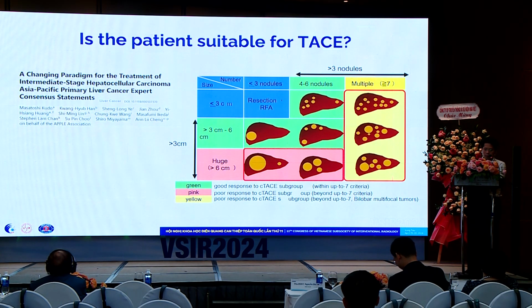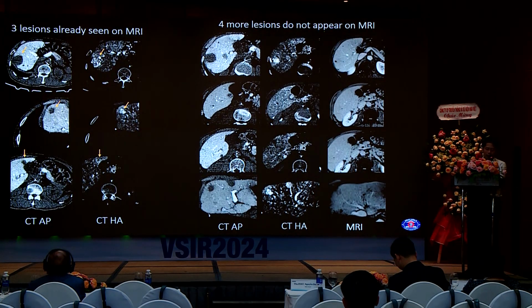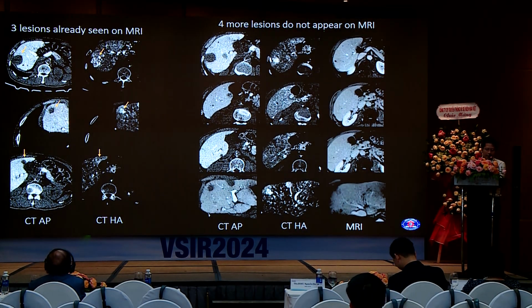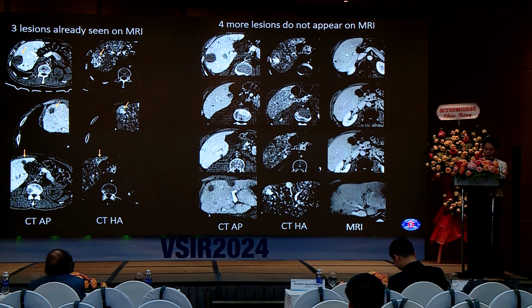The patient had 3 lesions with the size between 3 to 6 centimeters. So based on the consensus, we can say the patient is suitable for TACE. So we tested him with angio-CT, and you can see the 3 lesions already seen on MRI are very prominent and typical for HCC. But the problem here is there are 4 more nodules that do not appear on MRI.